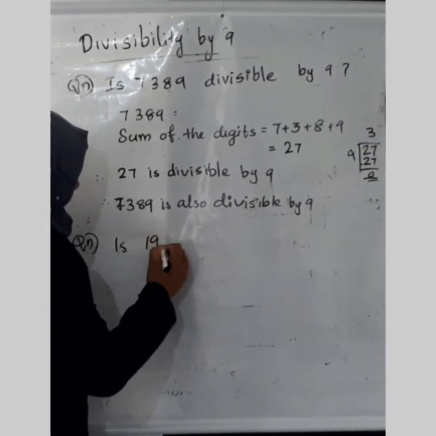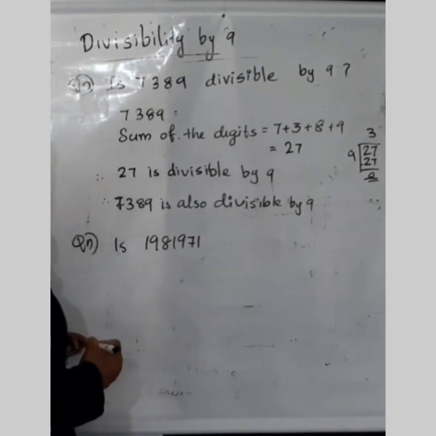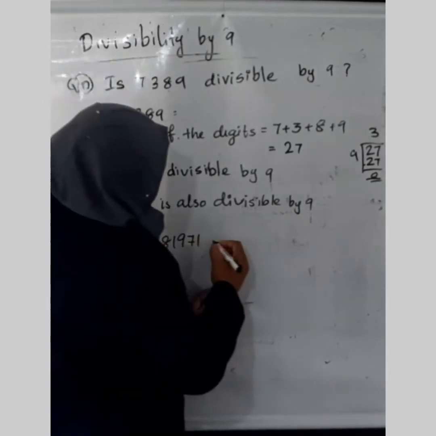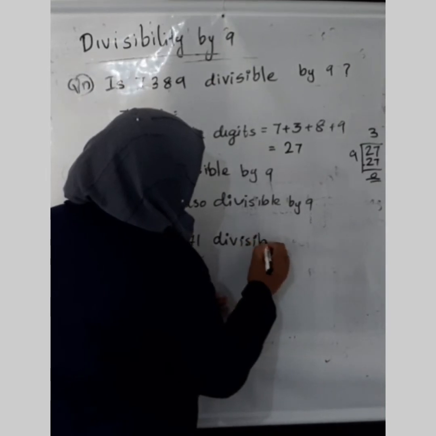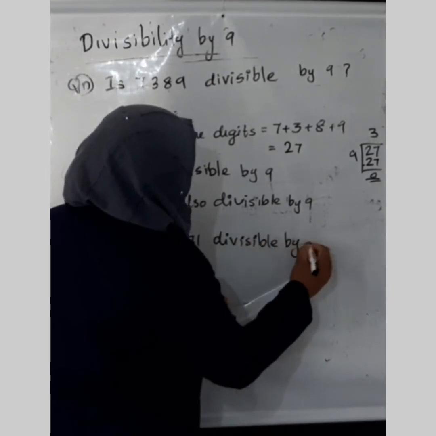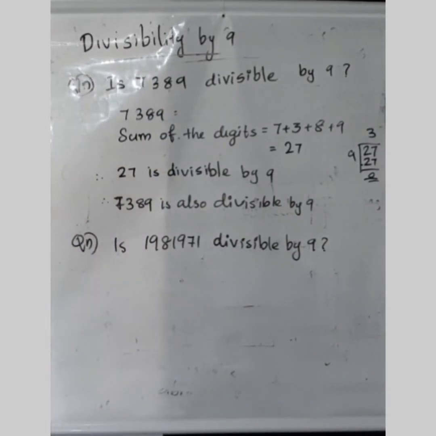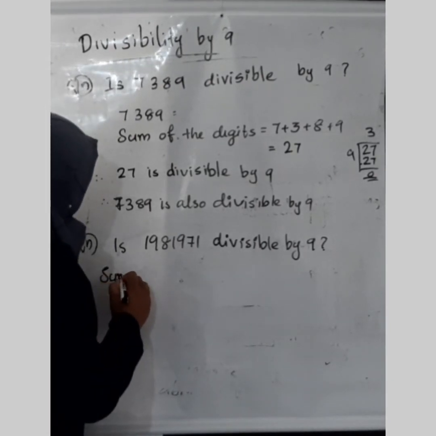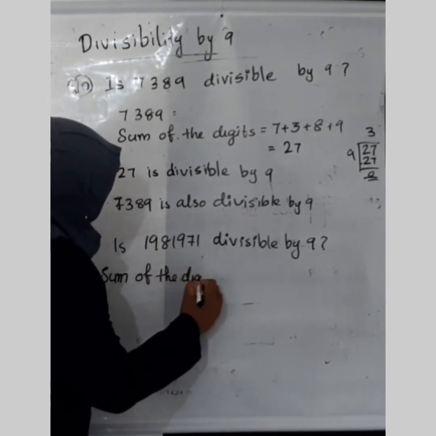Is 19,81,971 divisible by 9? So what we have to find here is the sum of the digits.